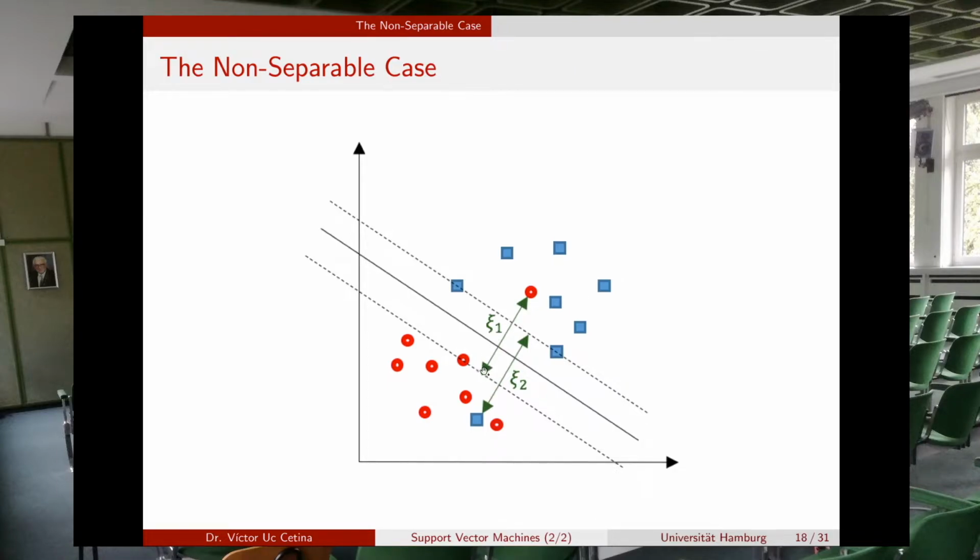So you have this point, this red circle. If this problem were linearly separable, this point would be at most in this position here. But in this case, it is on the other side of the decision boundary. This is the decision boundary, okay?